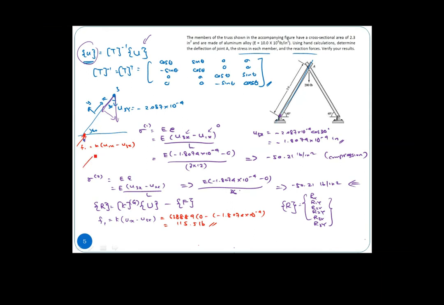If this is F1, we can decompose it into our y and x directions with the 60-degree angle, then we will get R1x equals 115.6 cos 60-degree, which equals 57.73 pounds.